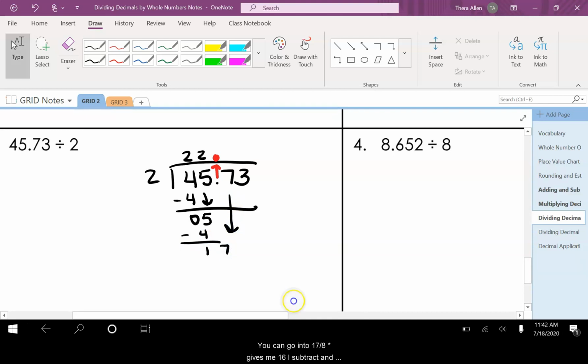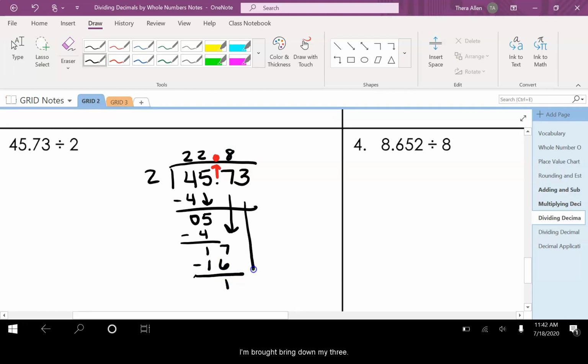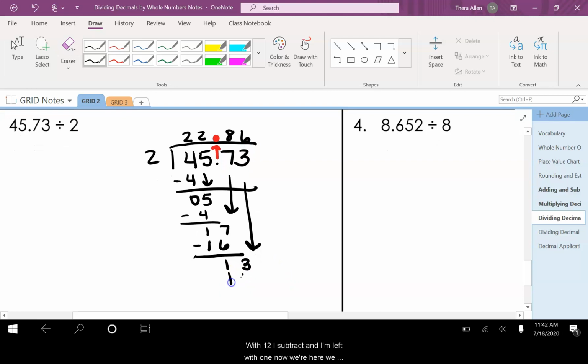2 can go into 17 8 times. Gives me 16. I subtract and I bring down my 3. 2 can go into 13 6 times. With 12, I subtract and I'm left with 1. Now here we have the remainder. Remember, we do not want a remainder.